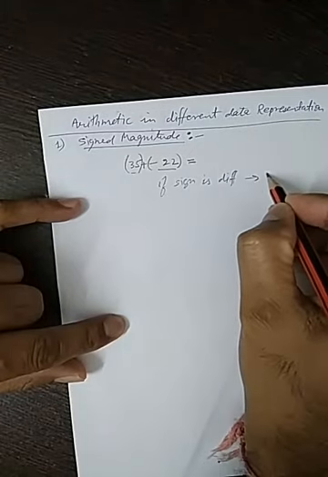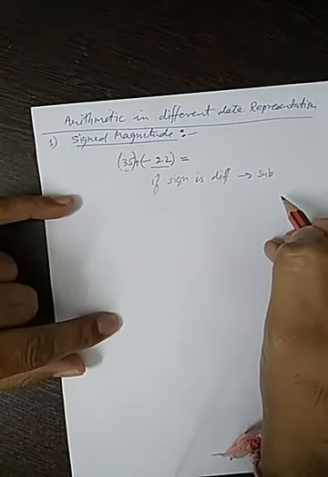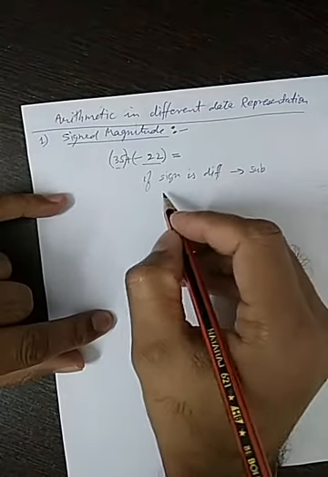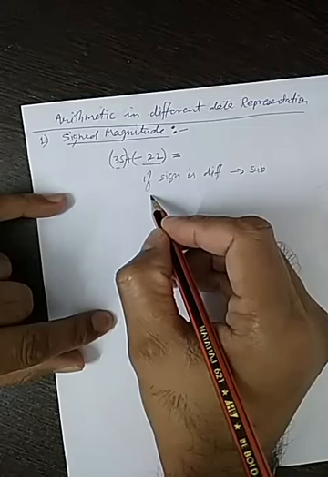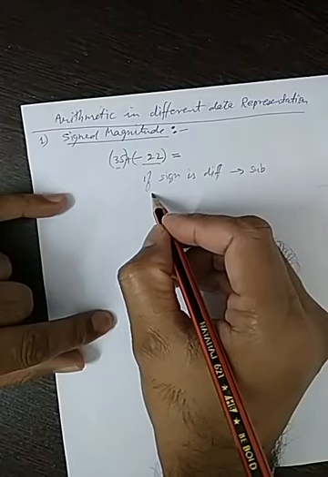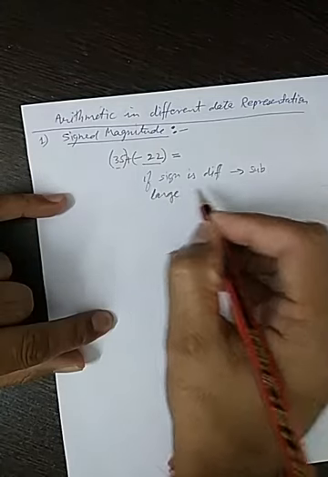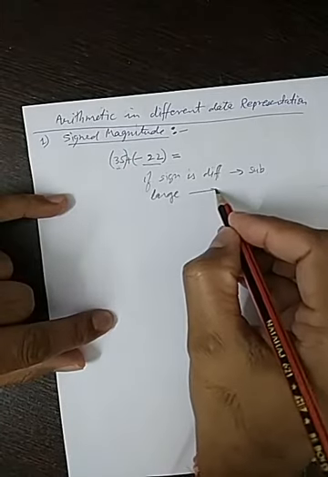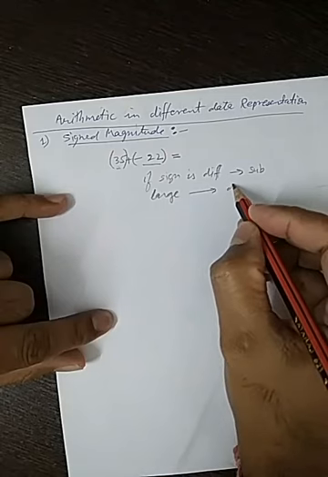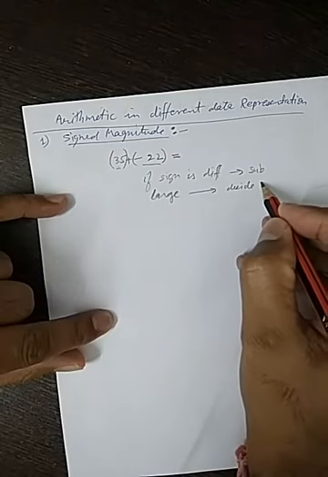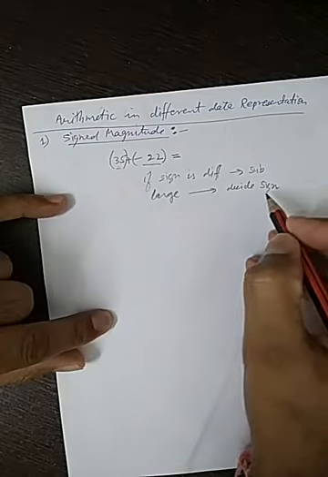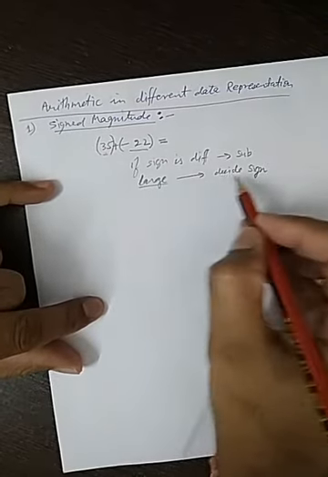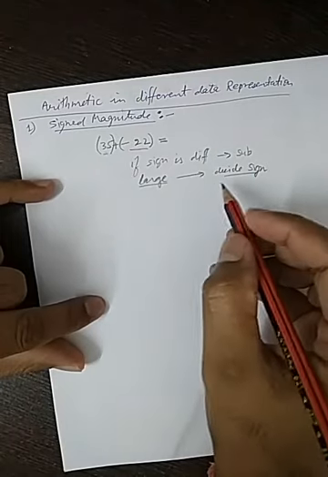I will go for the subtraction process. Second, if the sign is different, I will find out the larger number. Which one is larger, the first number or the second number? According to the larger number, I will decide the sign of the result. The larger number's sign will be the sign of the result.